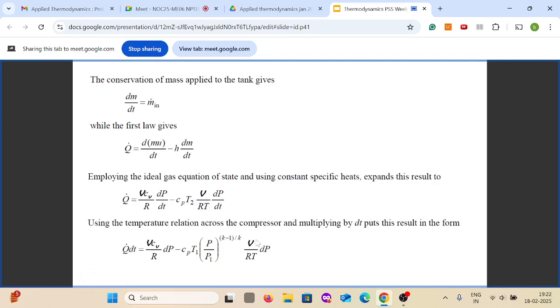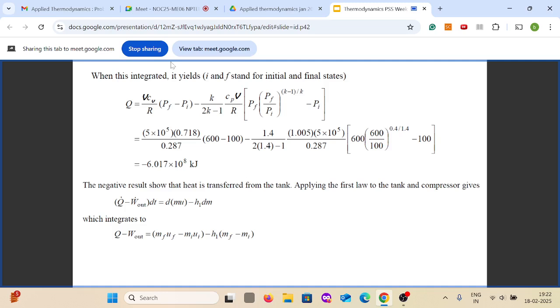So this is the expression which I get. So integrating, the total Q which is rejected, Q equals V Cv by R into change in pressure minus gamma by 2 gamma minus 1 into Cp V by R into pressure into pressure ratio raised to gamma minus 1 by gamma minus pressure initial. So substituting the values here, I get Q as minus 6.017 into 10 power 8 kilojoule. So that is the amount of heat which has been rejected.